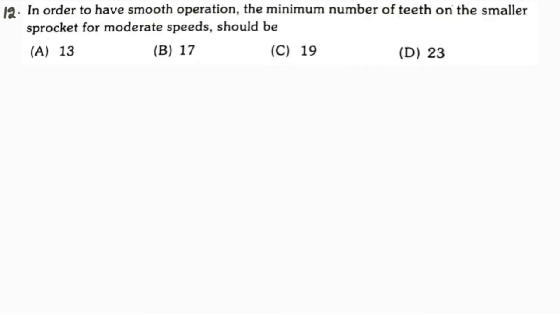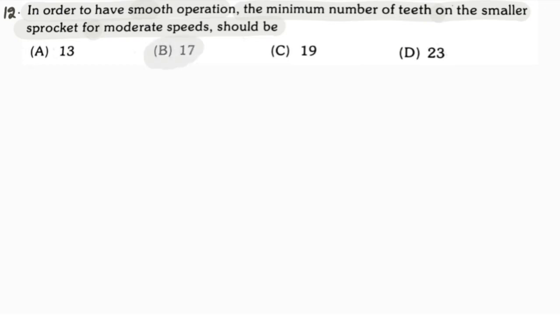Look at the 12th problem. In order to have the smooth operation, the minimum number of teeth on the smaller sprocket for the moderate speed should be, remember, for smooth operation of the chain drive mechanism, minimum number of teeth should be 17.